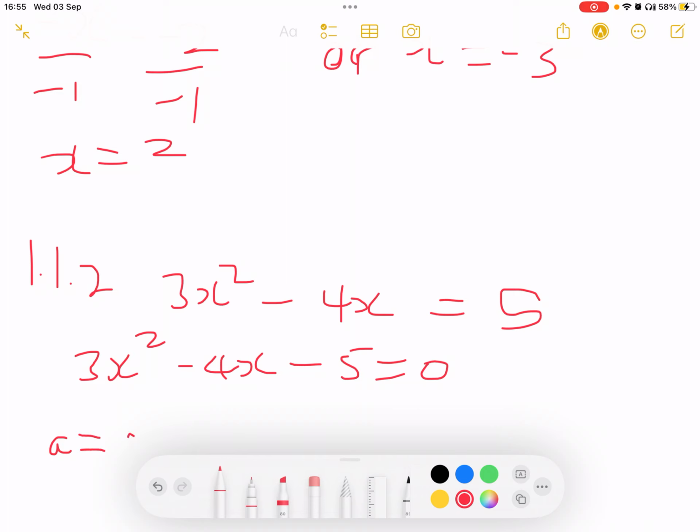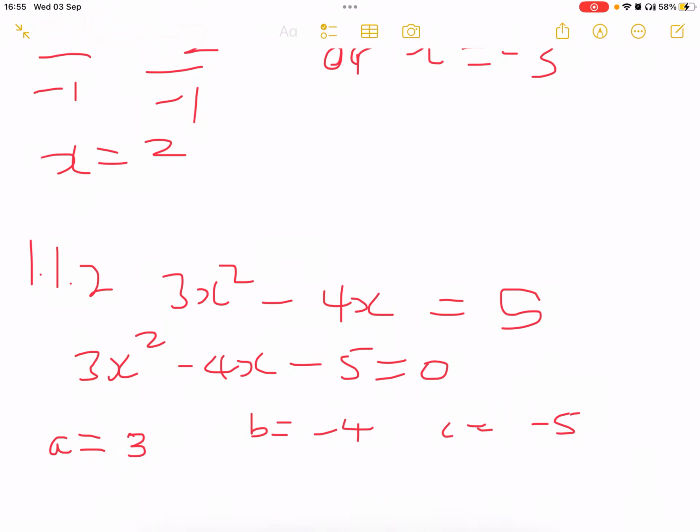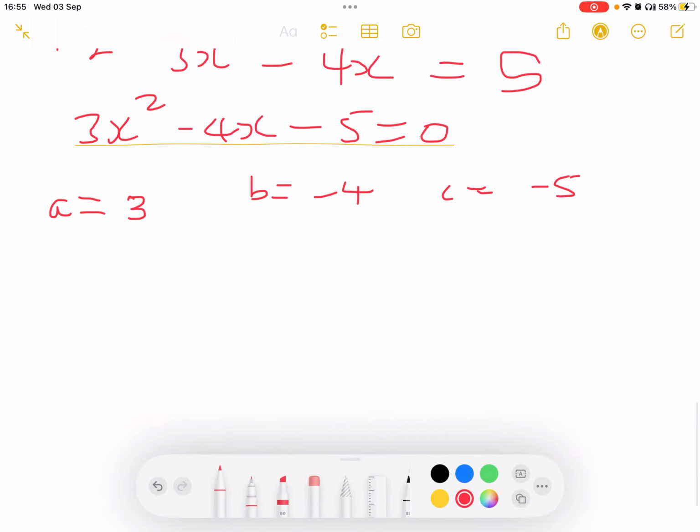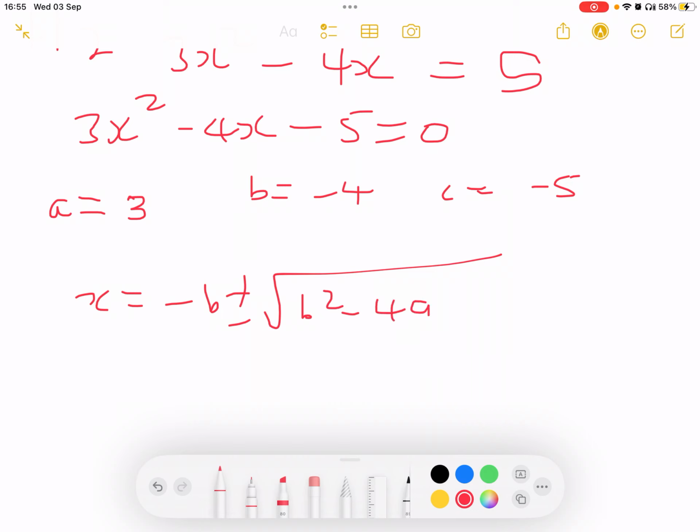So we can just simply label our values: A is 3, B is minus 4, and C is minus 5. Then we use the quadratic formula, which is x equals minus B plus or minus the square root of B squared minus 4AC, all over 2A. Let me change color. We substitute.